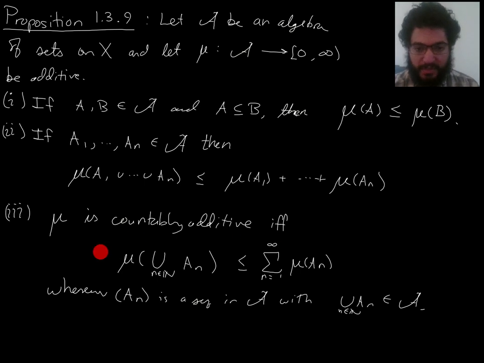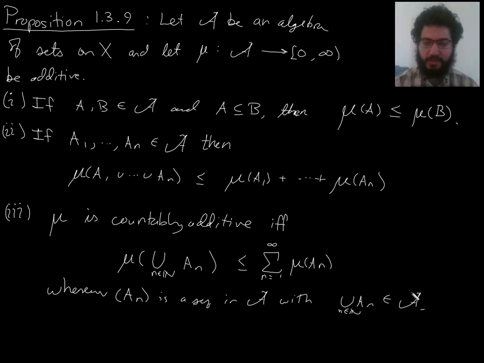Countable subadditivity, this thing that I'm describing here, is the property that if you take any, not necessarily disjoint, collection of A sub n's that are in the algebra of sets, whose union is in the algebra of sets, then even if they're not disjoint, you at least get this inequality. So mu of the union is less than or equal to the sum of the mu's.